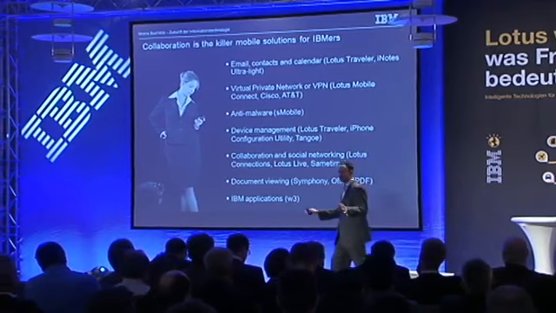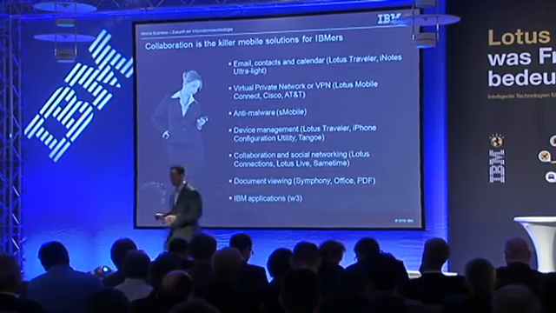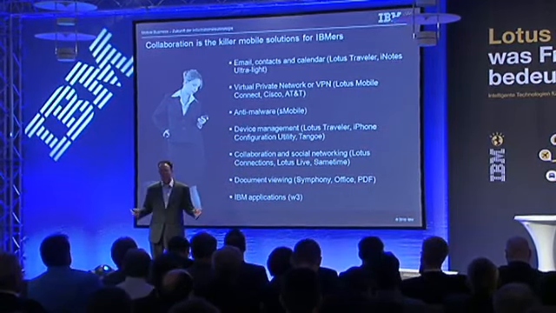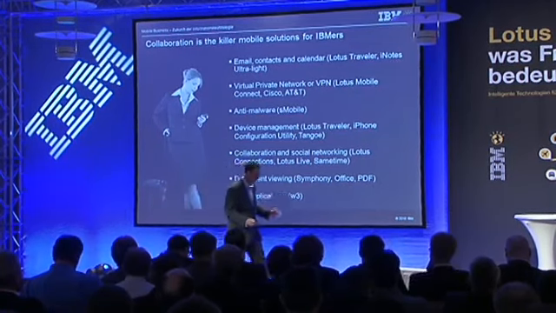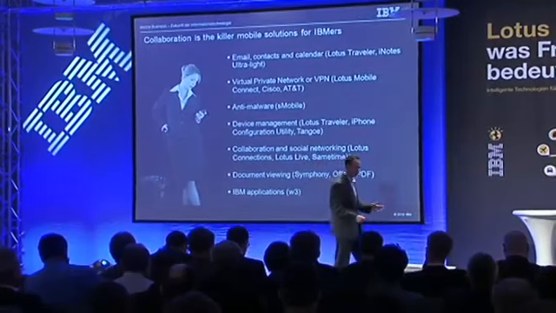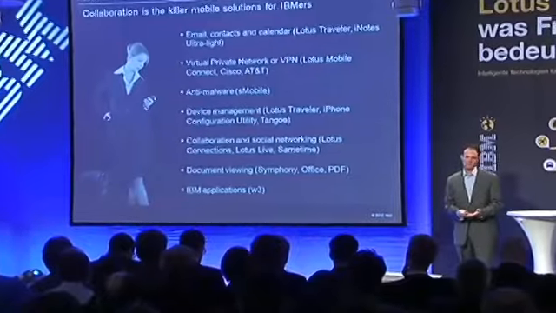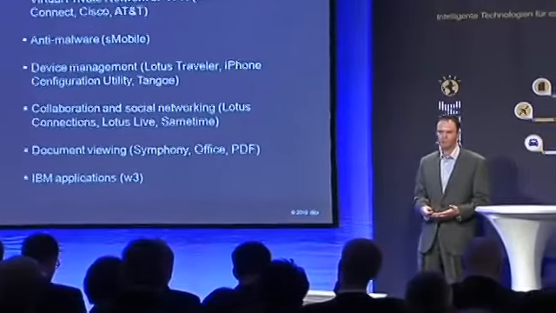Now, if I switch gears and talk about mobility from an IBM workforce standpoint, collaboration is the killer asset that we have, because of the diverse workforce in our global workforce. Some of the capabilities we provide IBMers are email, calendar, and contacts for anyone that has a smartphone.